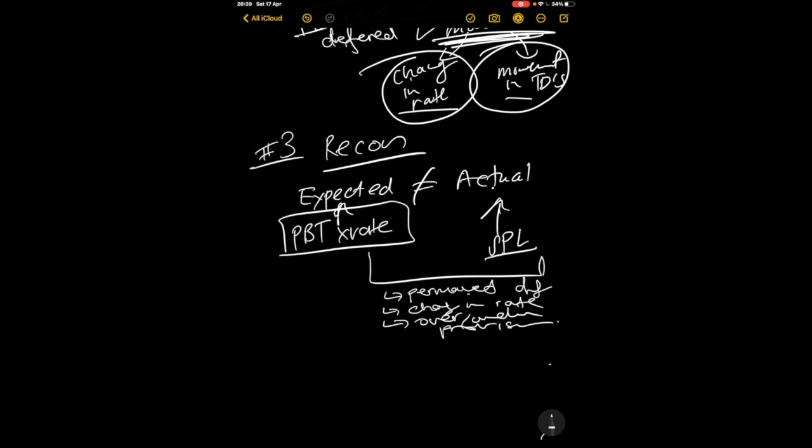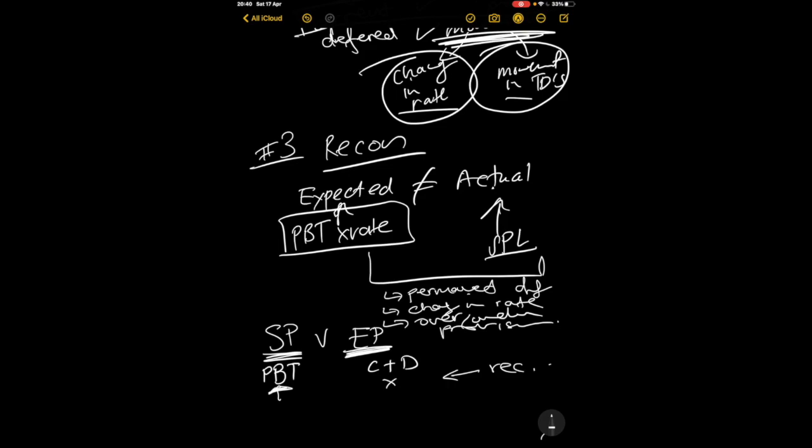But the principle with this disclosure is, remember, my starting point versus my end point. What is your starting point? Your starting point is profit before tax. What is your end point? It is your current tax plus your deferred tax. So if there's something in your starting point that's not in your end point, that would be a reconciling item.